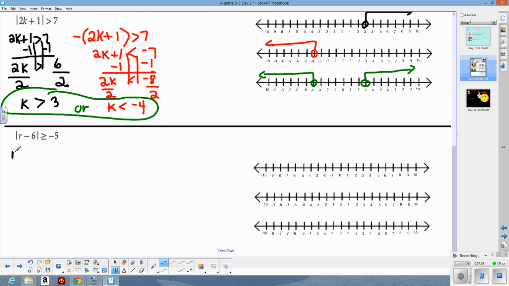Case 1 would be the positive case. R minus 6 is greater than or equal to -5. Case 2 would be the negative case. So negative R minus 6 is greater than or equal to -5. Now if you go and solve this one, you would add 6 to both sides. R is greater than or equal to 1.